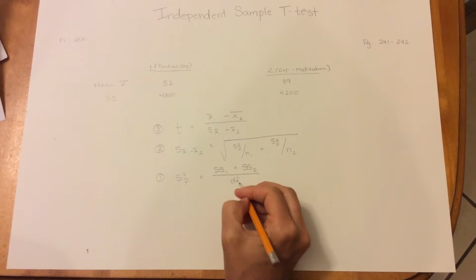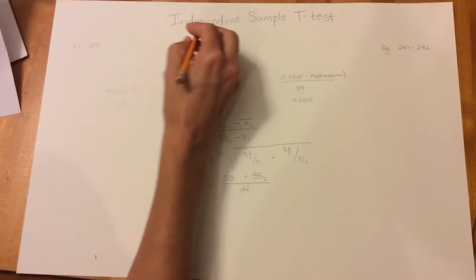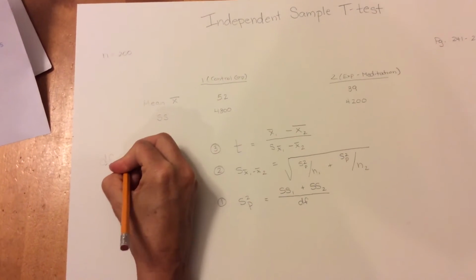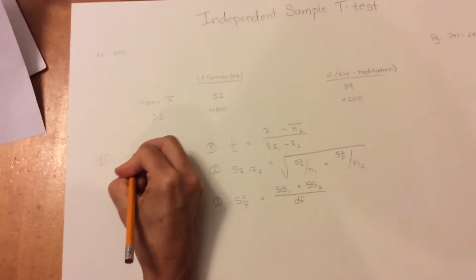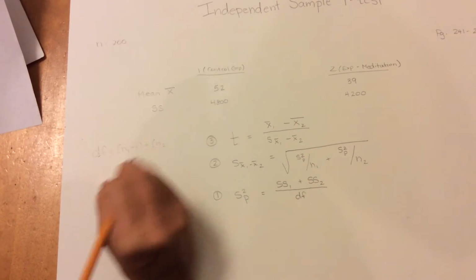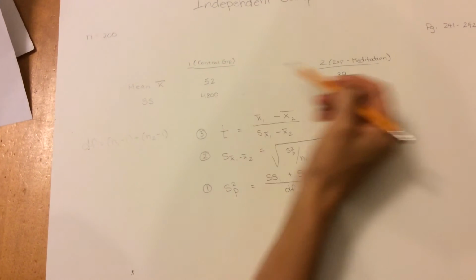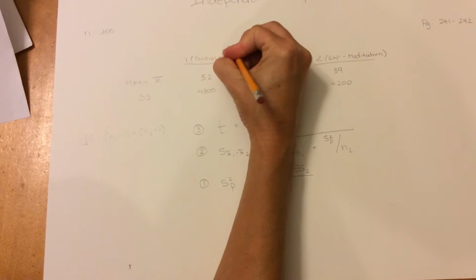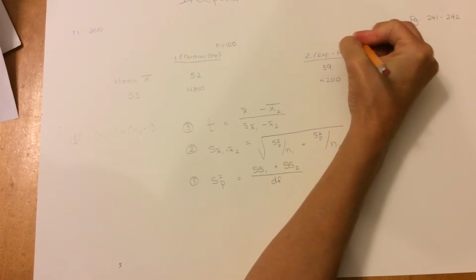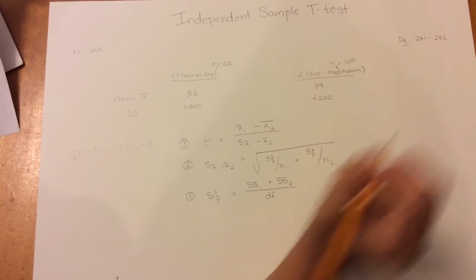In the past, degrees of freedom was n minus 1, but here, with an independent samples t-test, degrees of freedom is the sample size of the first group minus 1 plus the sample size of the second group minus 1. So it's kind of n minus 1 plus n minus 1. And you'll remember n for the first group was 100, and n for the second group was also 100, because we had 200 participants and we randomly assigned them to one of two groups.